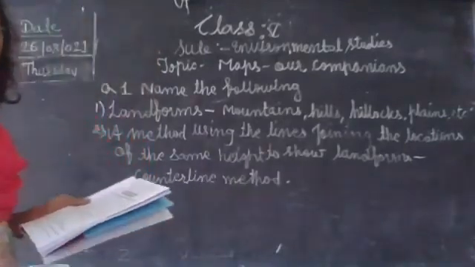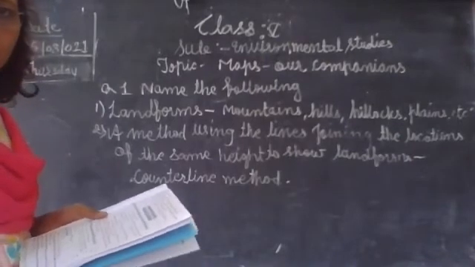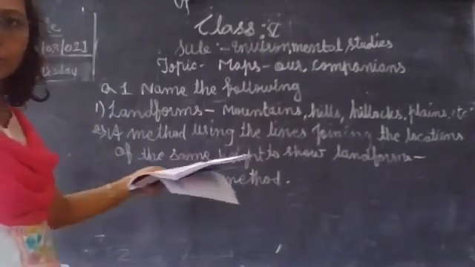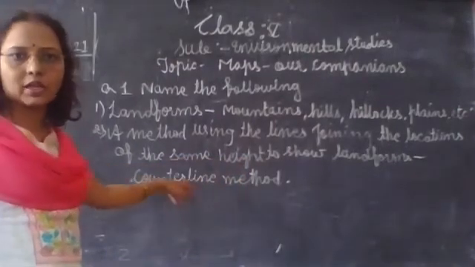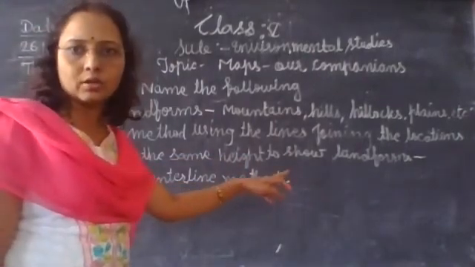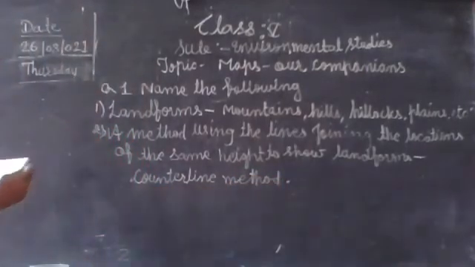Write down, name the following landforms: mountains, hills, hillock, plains, etc. Then second, a method using the lines joining the locations of the same height to show landforms, that is contour line method.